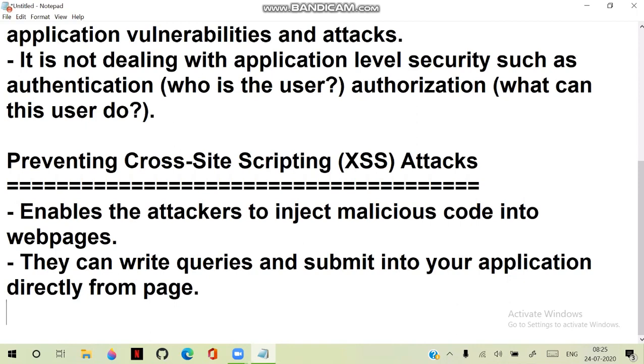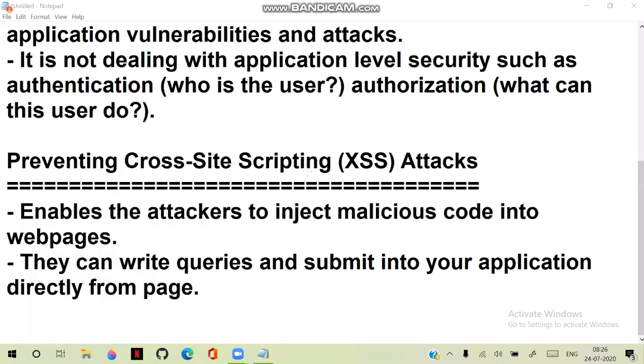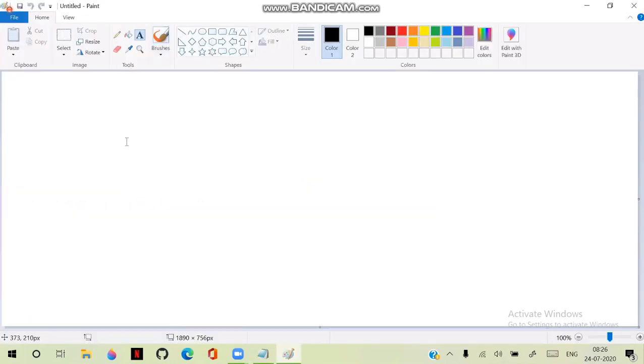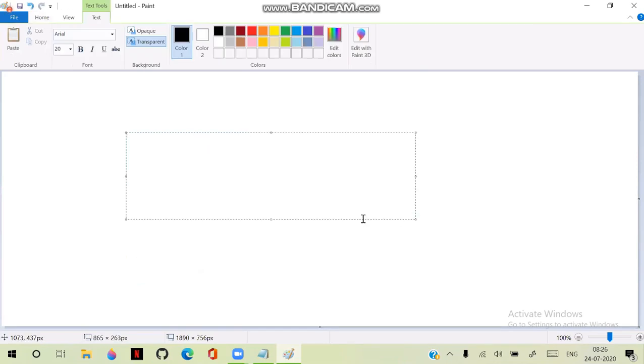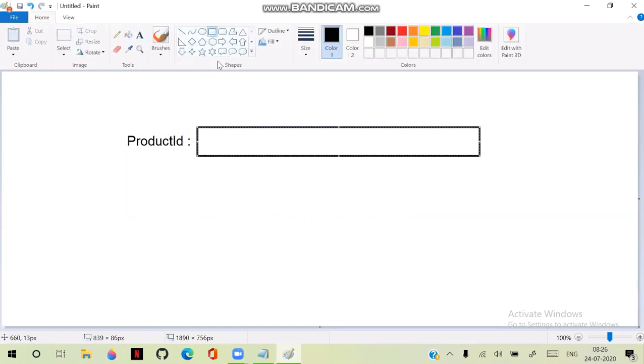And what is the solution for this? Suppose you have a text box. You asked the user to enter a product ID, and you gave a text box to enter the product ID.